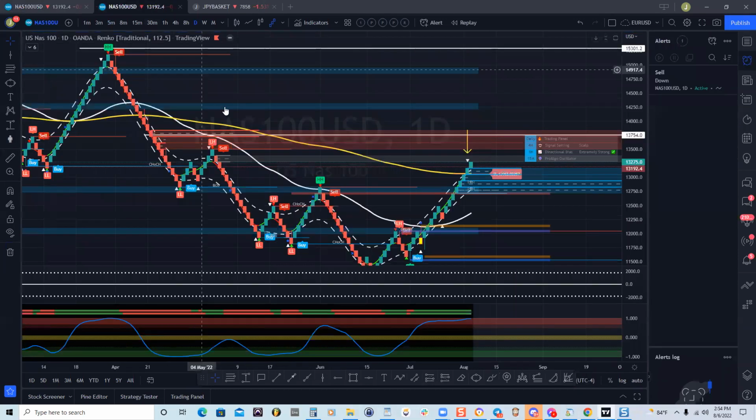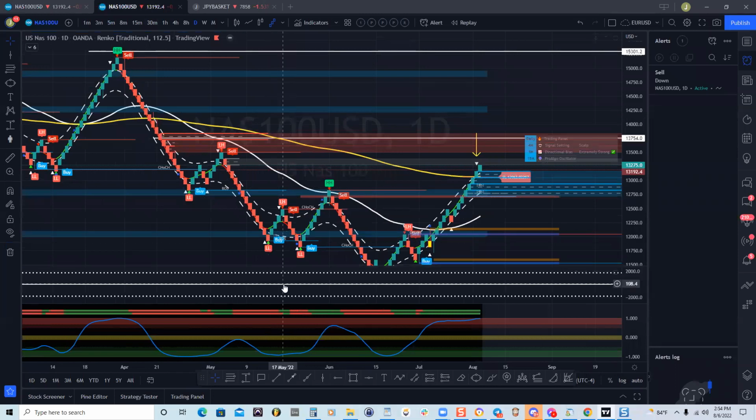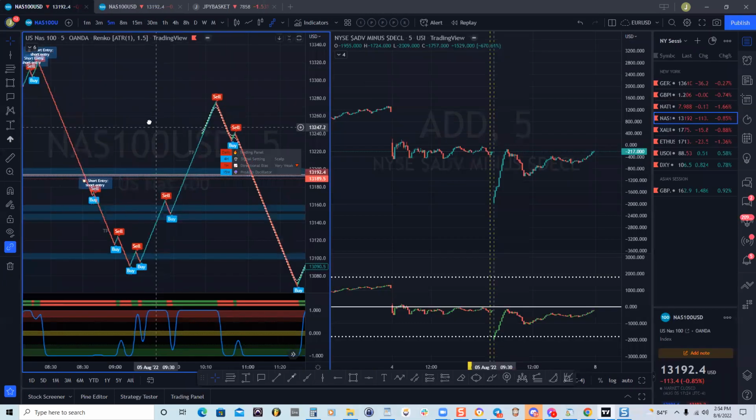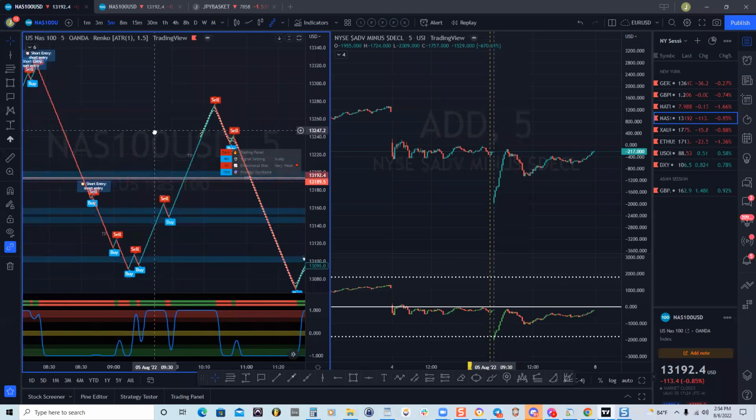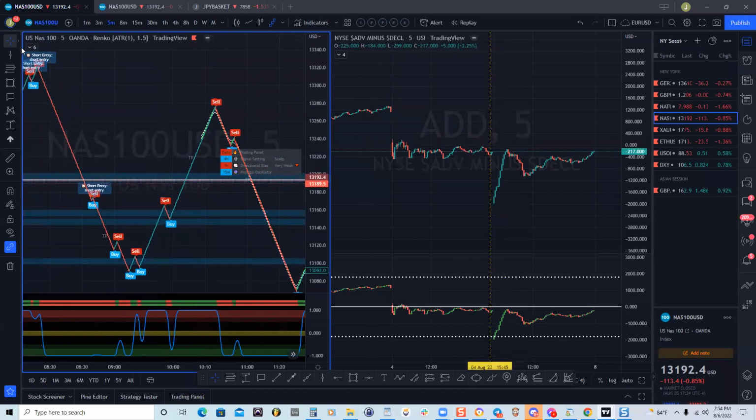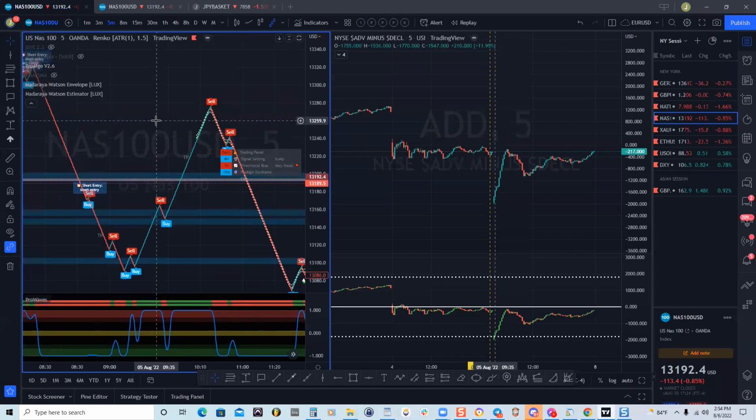So with this, you can't really use the ADD on the higher time frames, I've noticed. But along with this, now you can run this system with the ADD, and you can run the indicators too. You can still run the pro algo and those types of things. But now you're getting more juice on top of juice on top of juice, and that's going to allow you to really kill Nas.